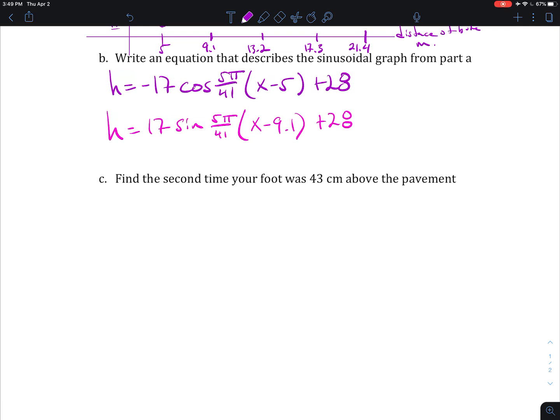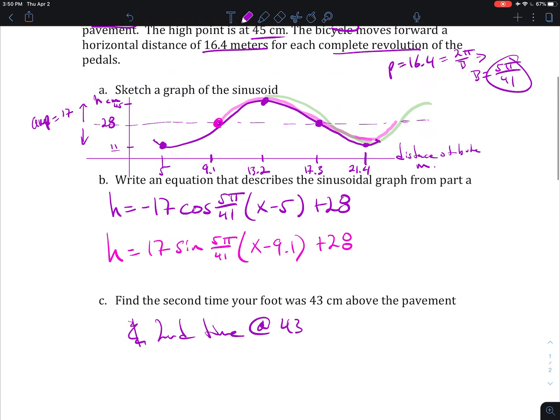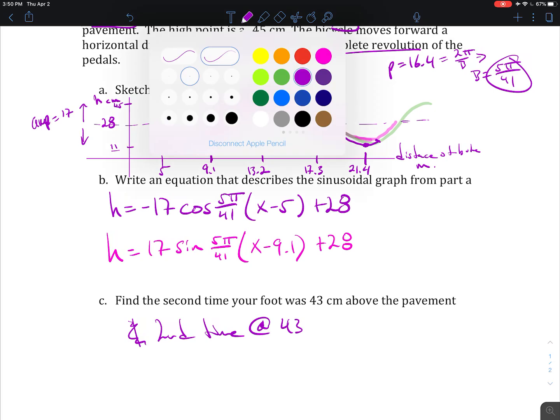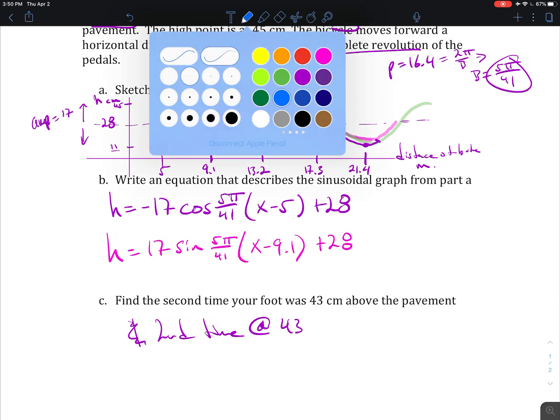Question C says, find the second time your foot was 43 centimeters above the pavement. So let's see, second time at 43. All right, so looking at the graph, 43, well, let's highlight this. Let's try blue.